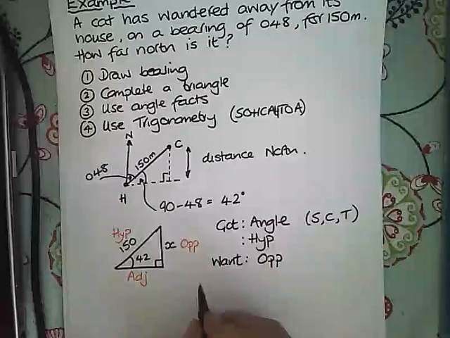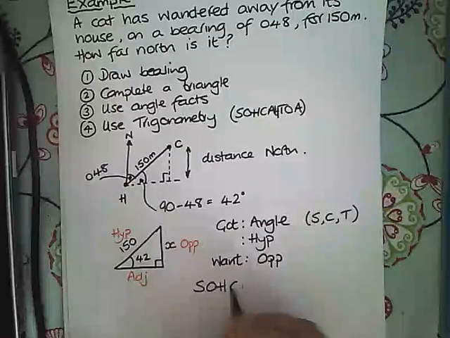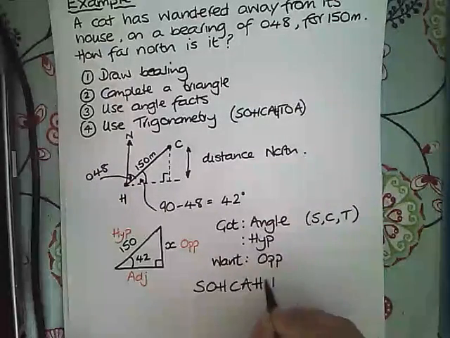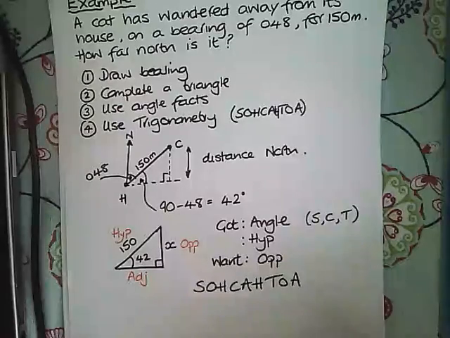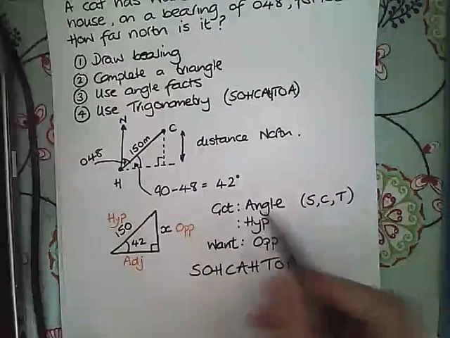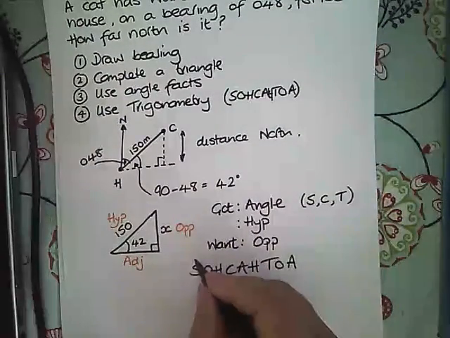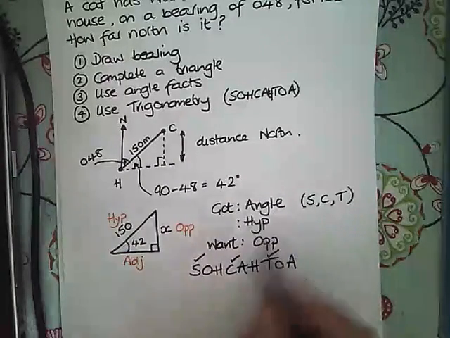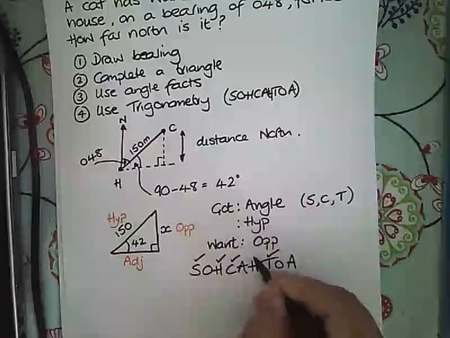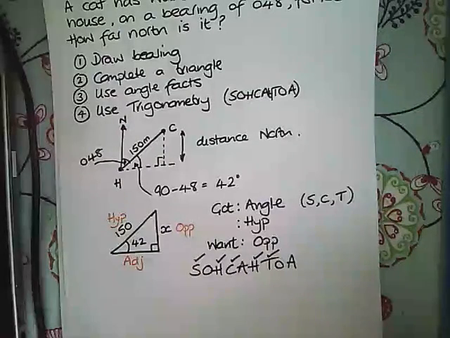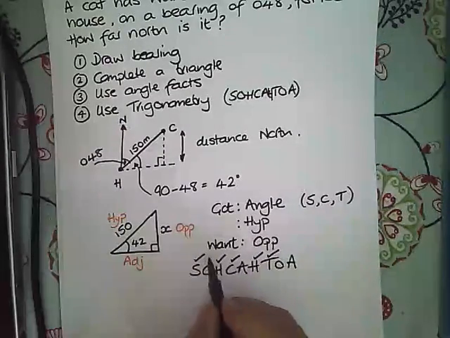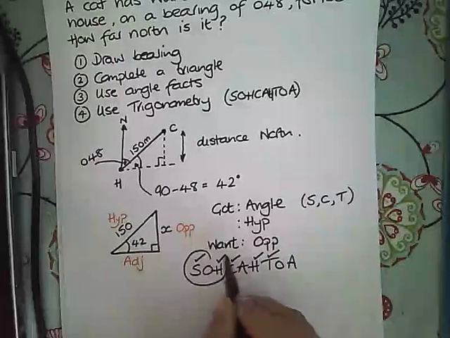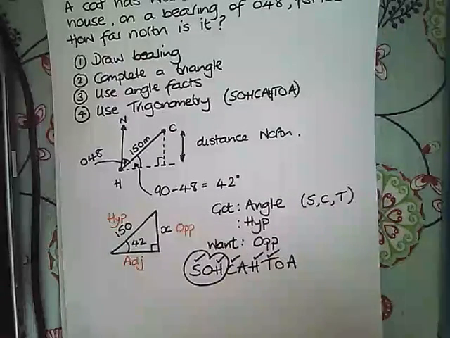So I write out SOHCAHTOA and I tick off the things I have got. I've got the angle, so I've got the S, the C and the T. I've got the hypotenuse, so I tick off the H, and I want to find the opposite. So it is this ratio here, the sine I'm going to use.